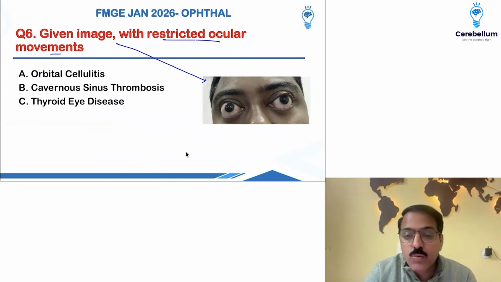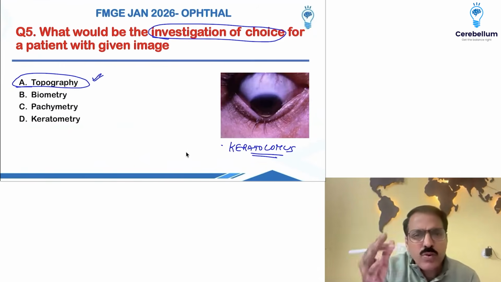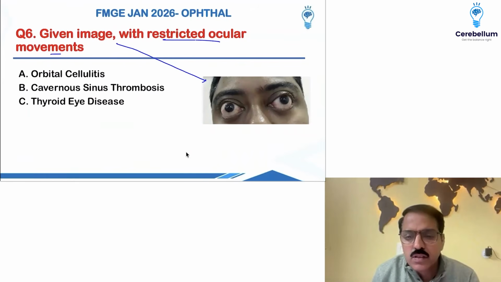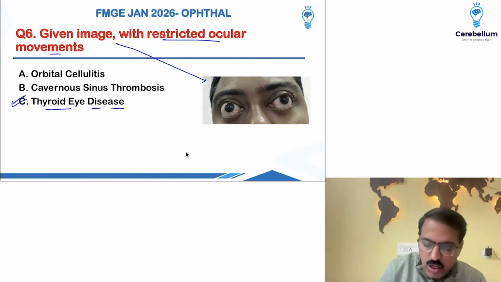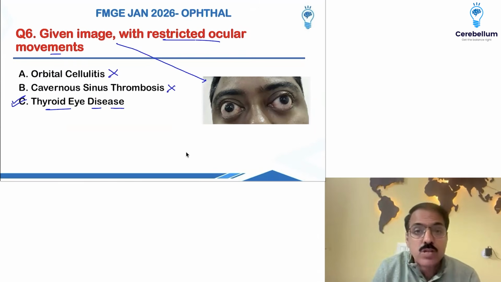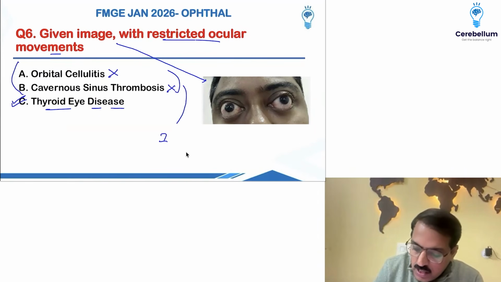Full option sclerotopography. Sclerotopography, achha. Sclerotopography kuch nahi hota beta. Theek hai. Yes, this was thyroid eye disease. Absolutely good. It is not orbital cellulitis, not cavernous sinus thrombosis. In both of them, there is going to be inflammation.